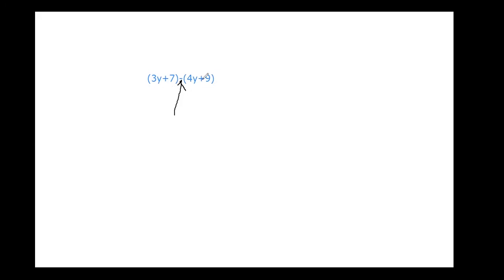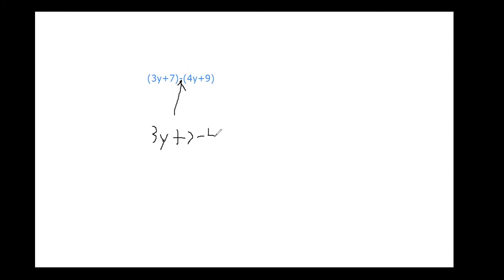Everything to the right of it is going to be the opposite sign. It's called distributive property, okay? So it's going to be 3y plus 7. And because of the parentheses, now you see the minus, you're going to go, oh, that's minus 4y, and you're right.